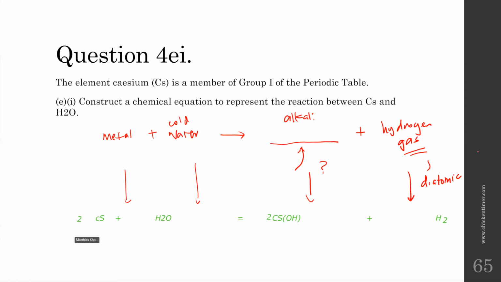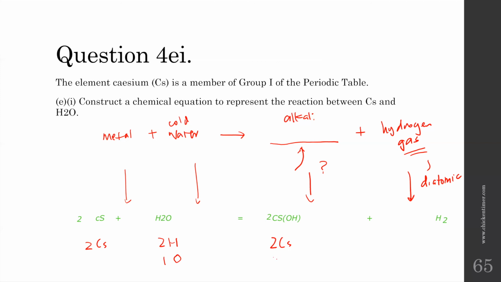Then balance the equation. Is it balanced already? So there are 2 cesium here, 2 cesium here. Yeah, 2 hydrogen here, 1 oxygen here.